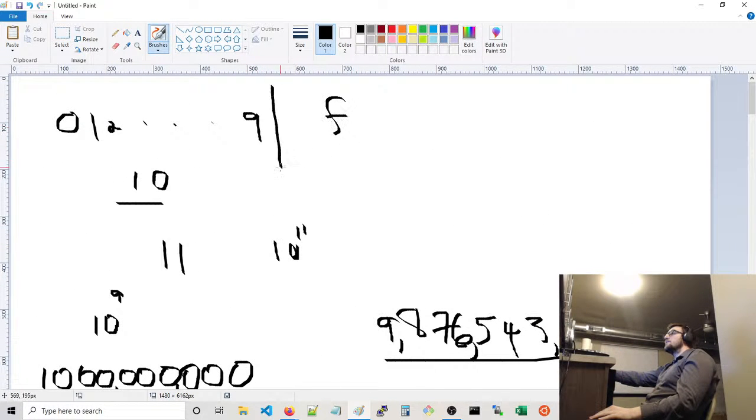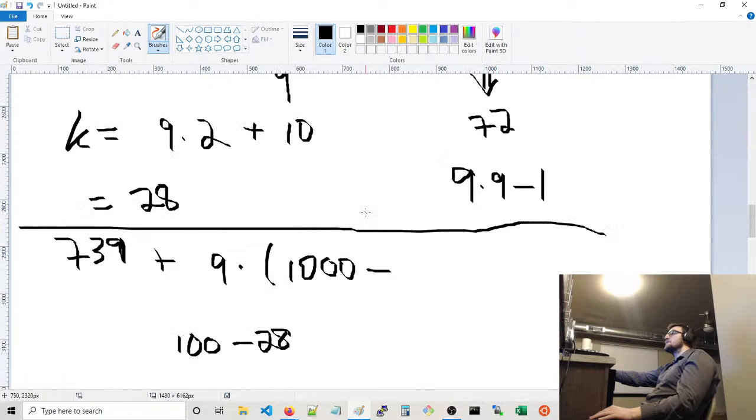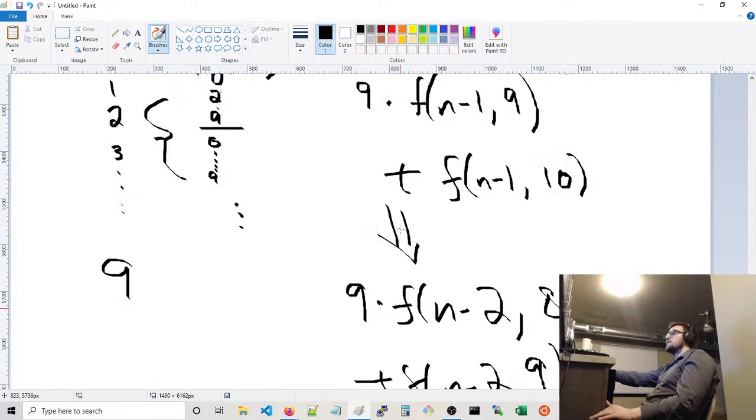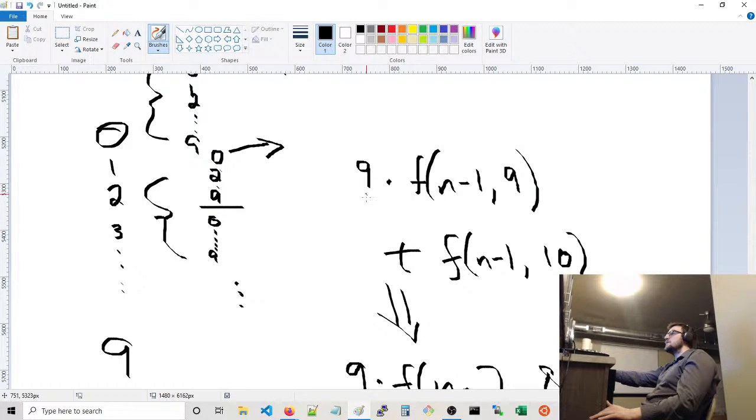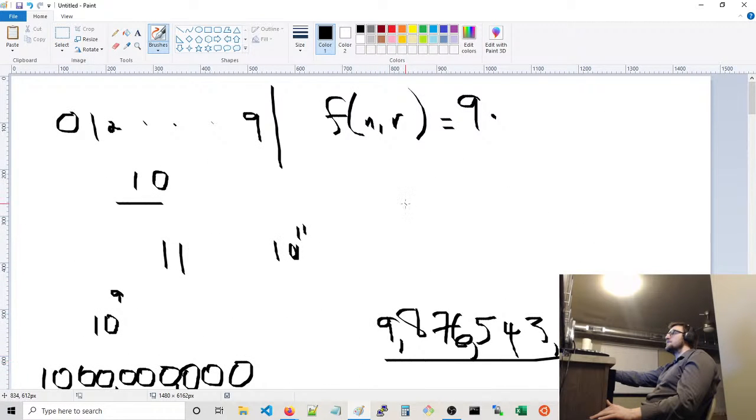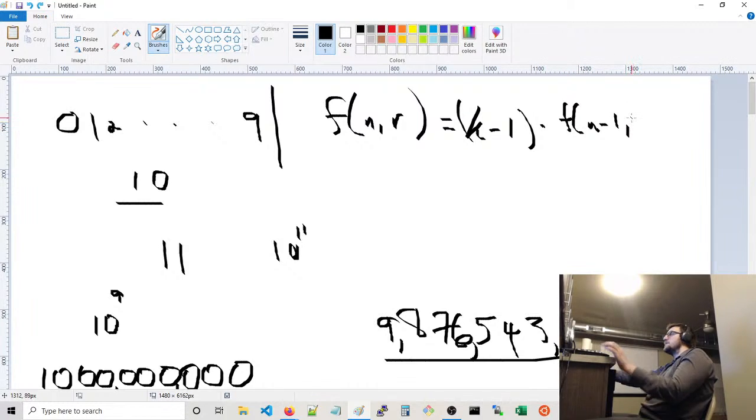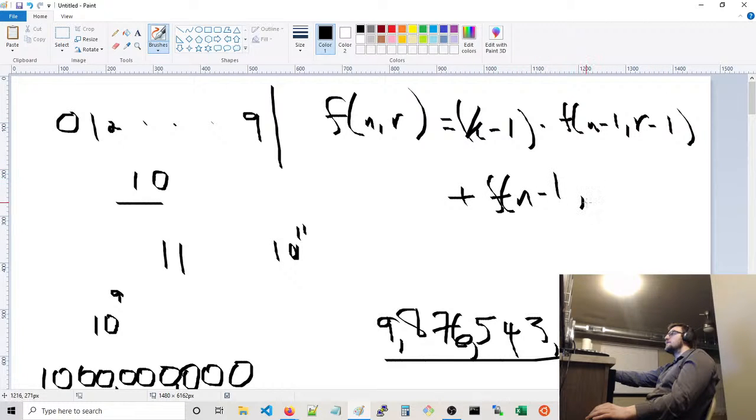You have f of n, r, is going to be 9 times, and really it's the character set size minus 1. Call that k minus 1. Which is 10 times f of n minus 1, r minus 1, plus f of n minus 1, r. If that makes sense.